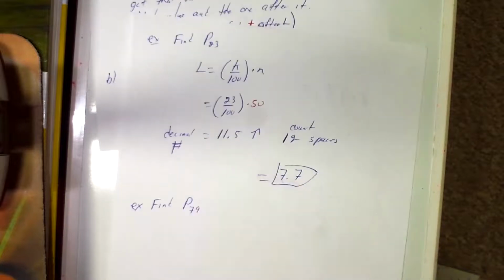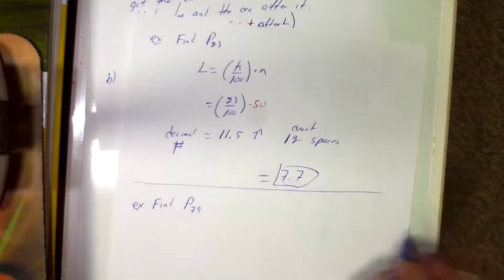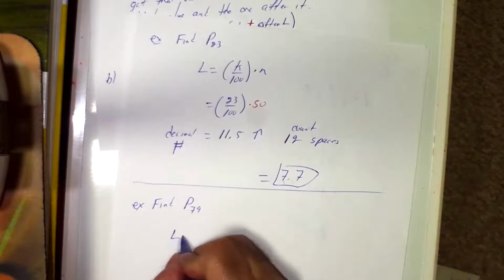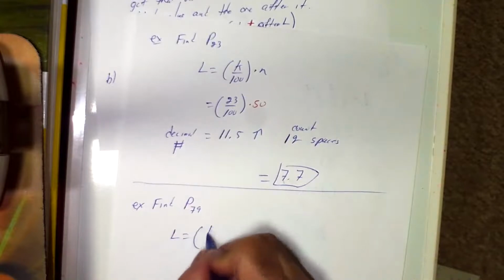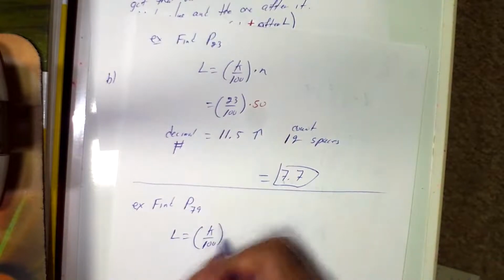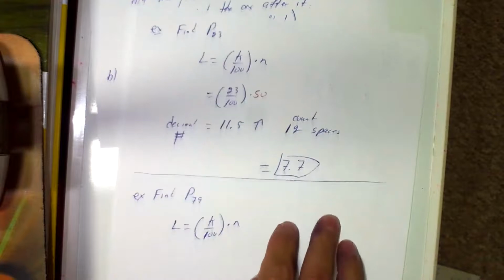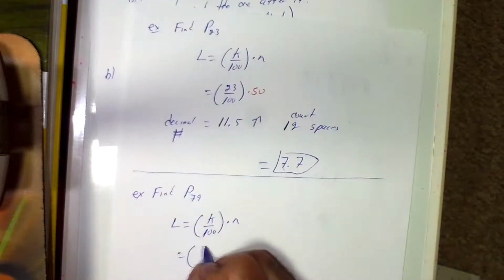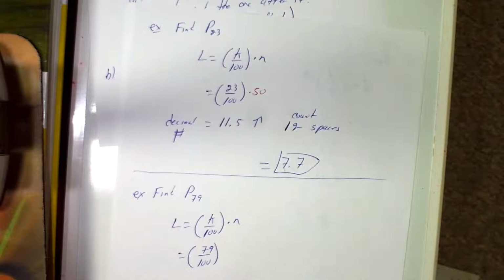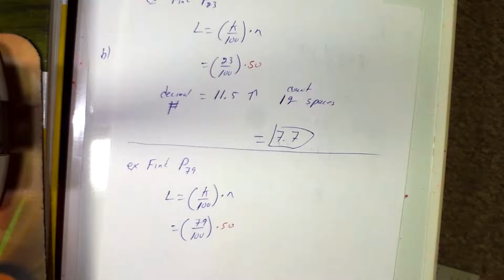L equals K over 100 times N, so 79 over 100 times 50. I'm going to calculate it in my calculator. 79 over 100 times 50 is 39.5.